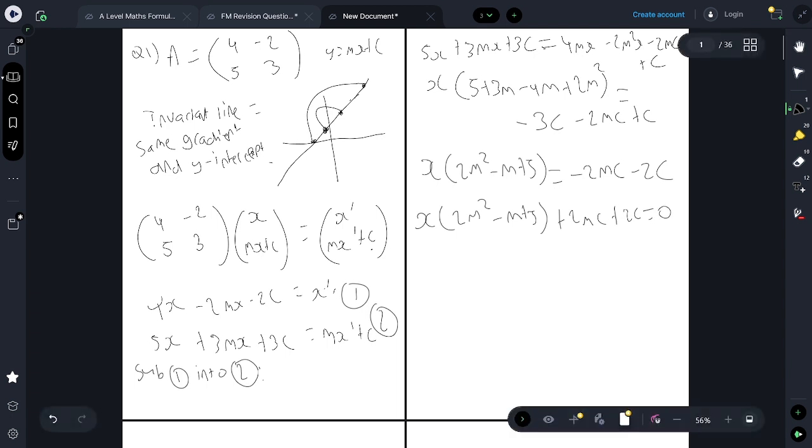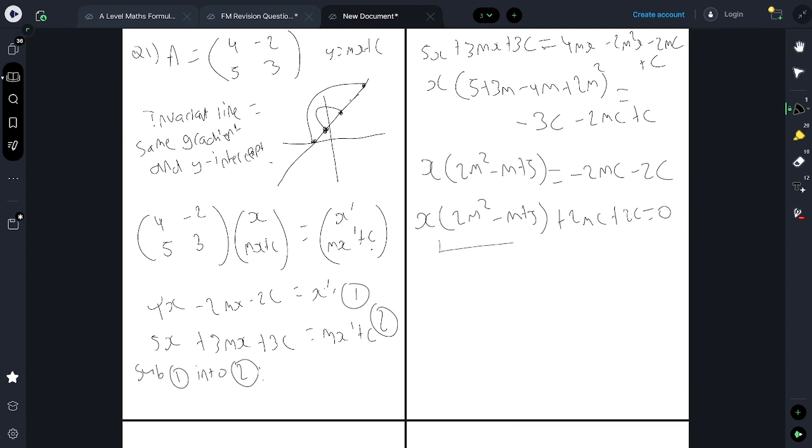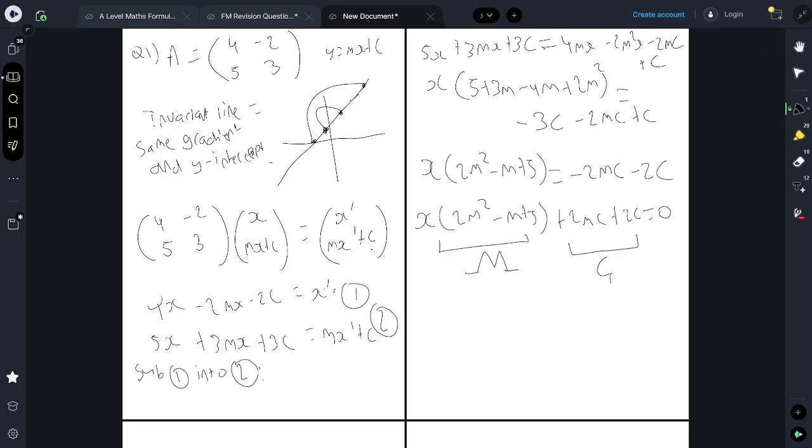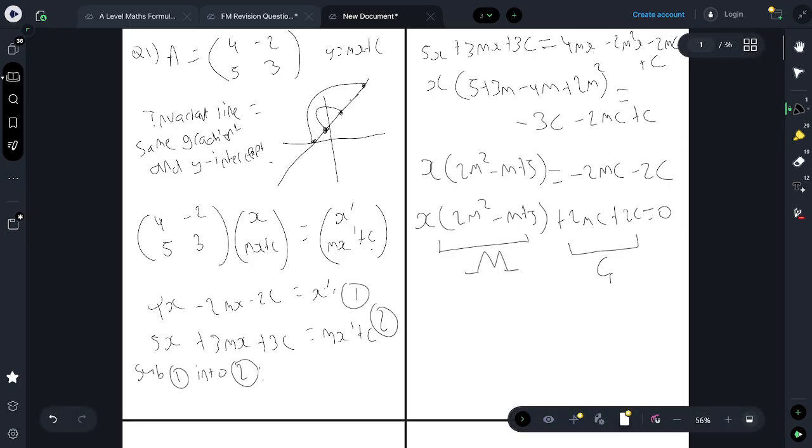Is this not an equation of a line? So if we call this big M, and we call this big C, is this not in the form Mx plus C equals 0? Okay. Now, we essentially need to consider when this can be 0.